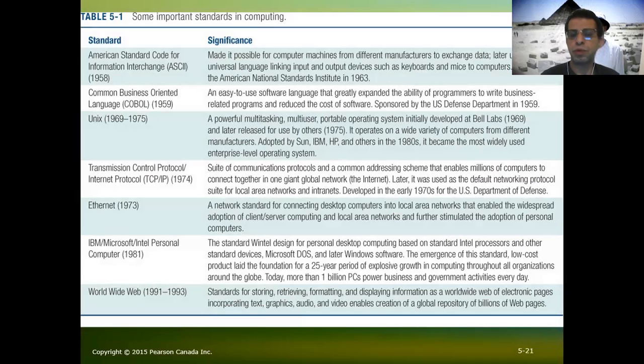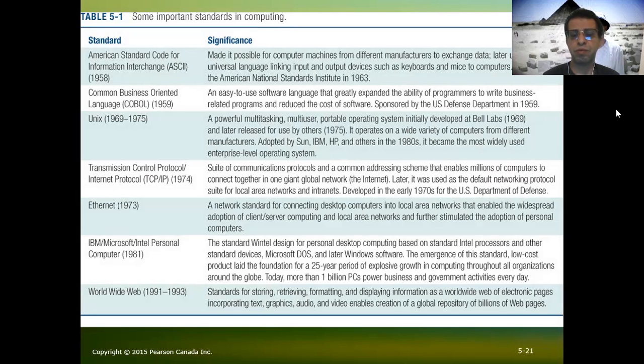Now, there are some important standards of computing which have helped us move very quickly. First, the American Standard Code for Information Interchange, an old code called ASCII, between PCs and servers, in 1985.